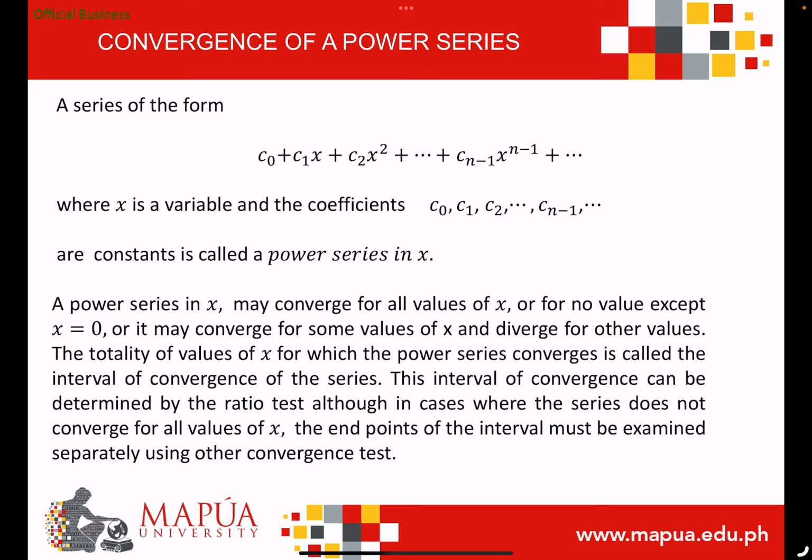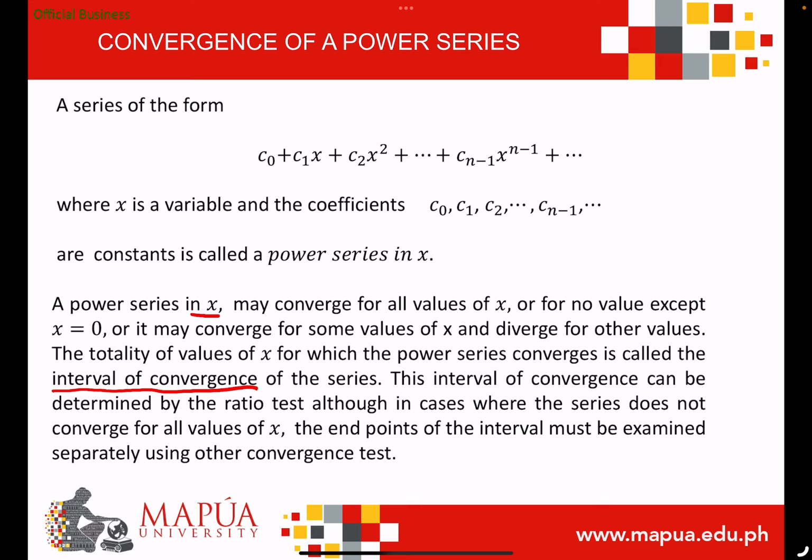A power series in x may converge for all values of x, or for no value except at x equal to 0, or it may converge for some values of x and diverge for other values. The totality of values of x for which the power series converges is called the interval of convergence of the series.